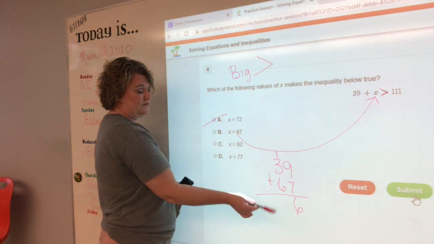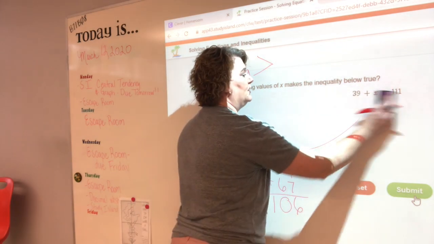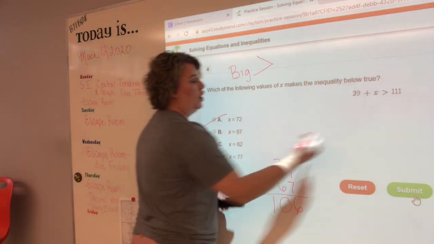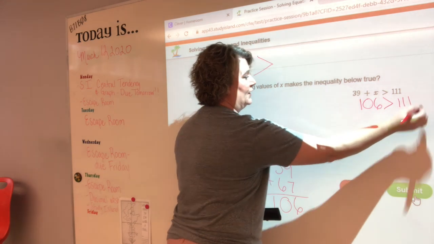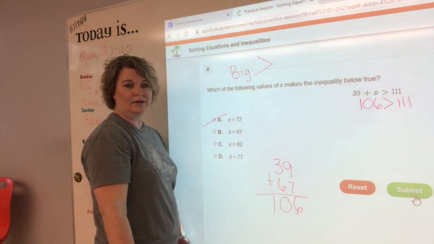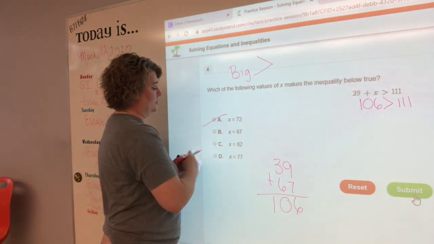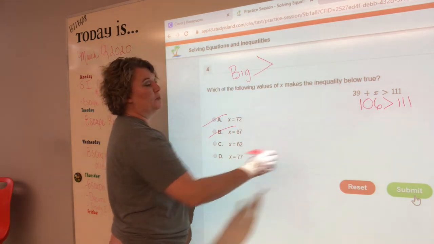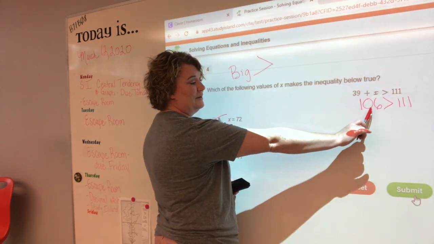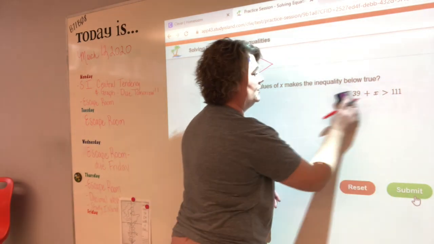And 3 and 1 is 4, and 6 would be 10. So if I come over here and I rewrite the problem, 106 is greater than 111. Well, I don't agree with that. 106 is actually less than 111. So that's not true. It can't be B. Remember, the big mouth has to open to the big side, and that's not true. This is actually the smaller side, so that didn't work.